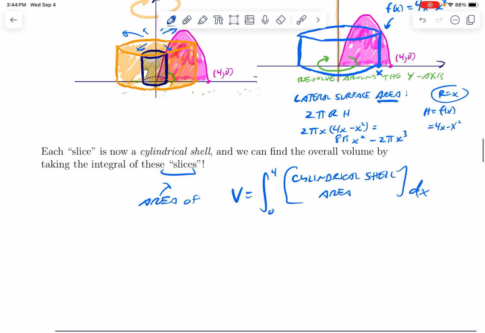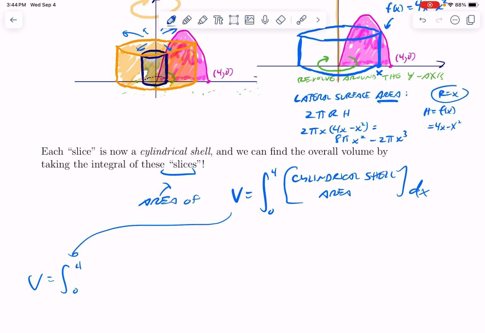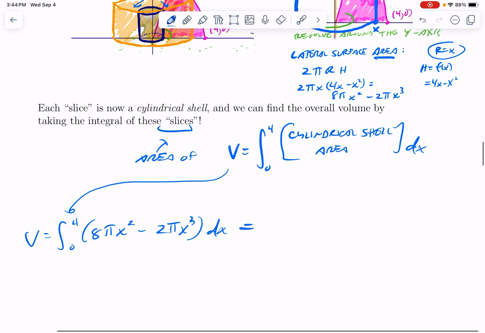And we saw in this problem that that was 8 pi x squared minus 2 pi x cubed. Right?